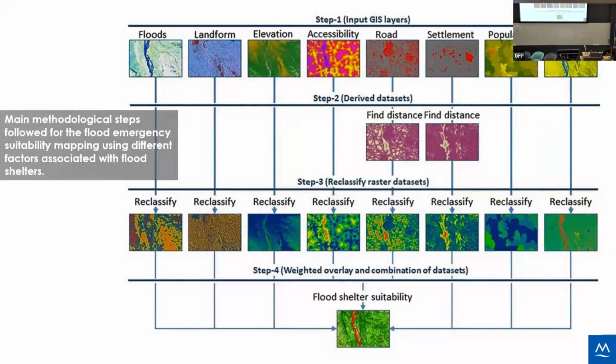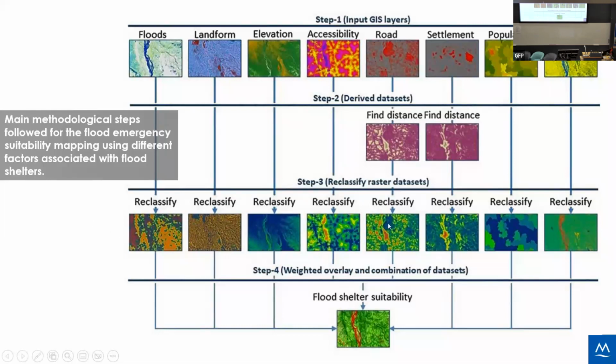Any flood shelter should be close to the settlement. Also population density: if we are building a flood shelter, it should be in a densely populated area rather than where the population is very sparse. We also consider the land cover.